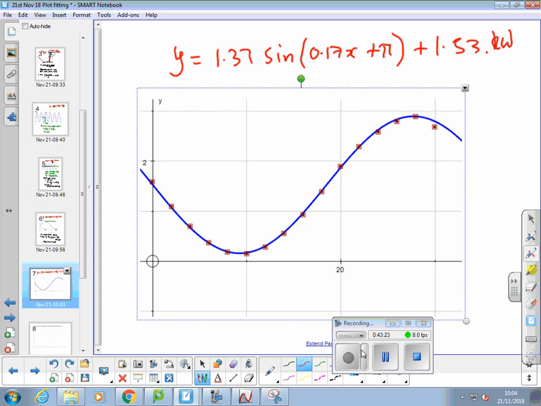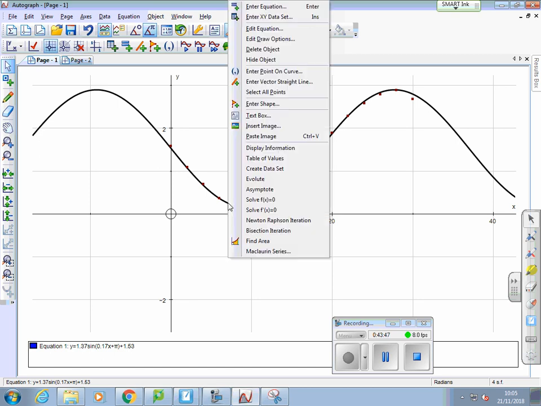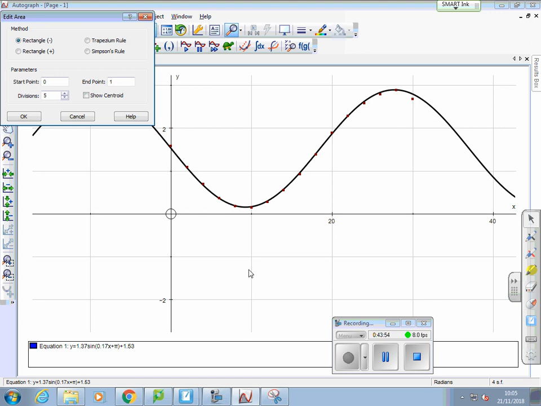You're also being asked to use this software, Autograph, to investigate the effect of applying Simpson's rule and trapezoidal rule to that function. Because you've got a function now, you can select that like any other function graph, right click and do find area.